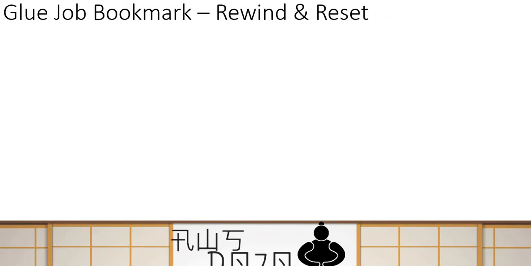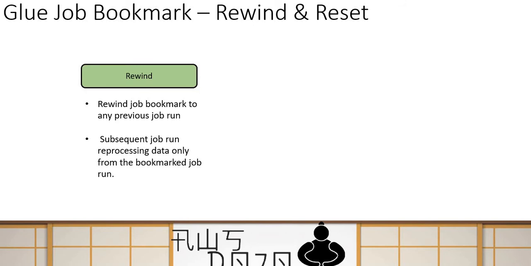There are two more things you can do with a job bookmark, and that is rewind and reset, and they are very interesting ones. In case of rewind, you can rewind your job bookmark to any previous job run. Suppose you run your job 10 times and you say, you know what, I want to rewind it to the 4th run.